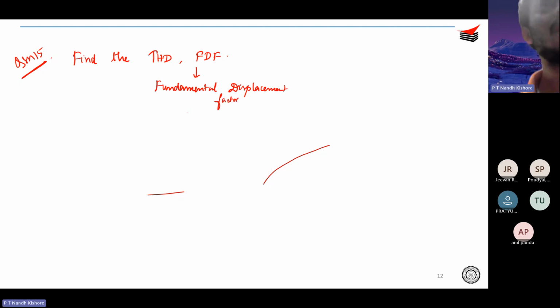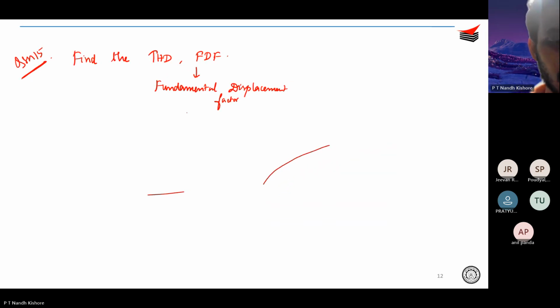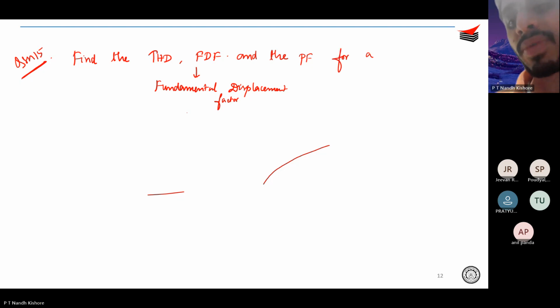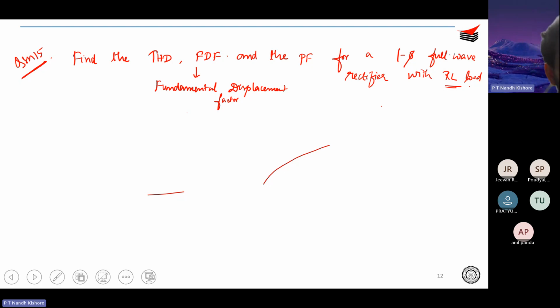So find the THD, fundamental displacement factor, and the power factor for a single phase full wave rectifier with RL load. Okay. So this is the question.